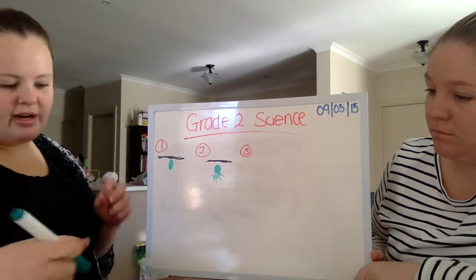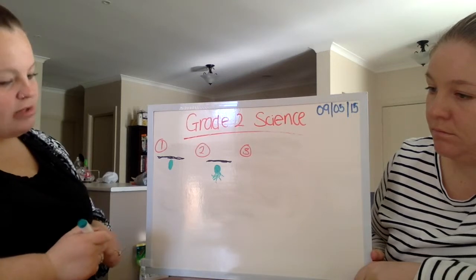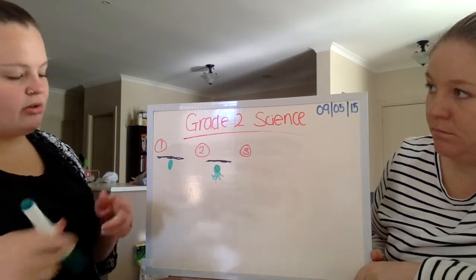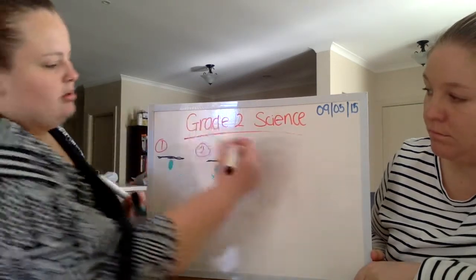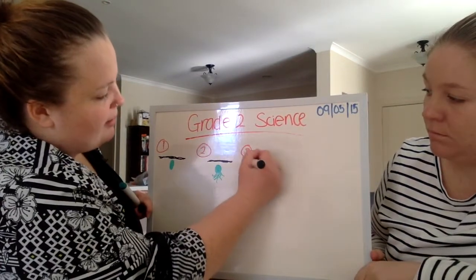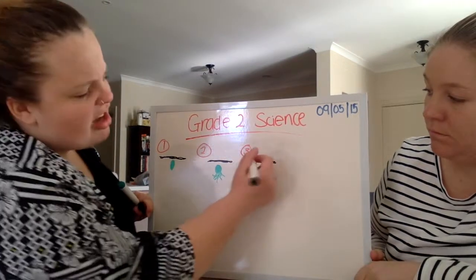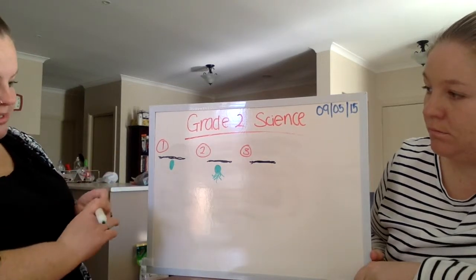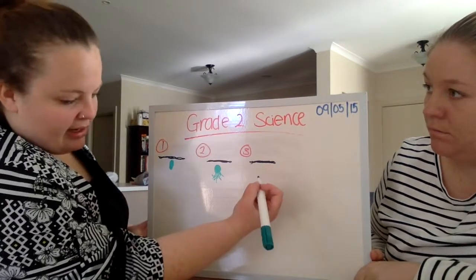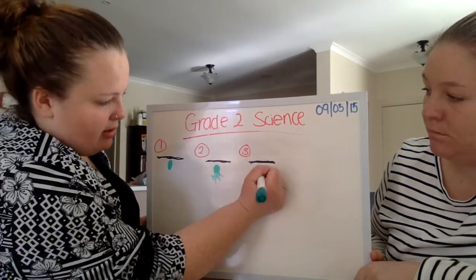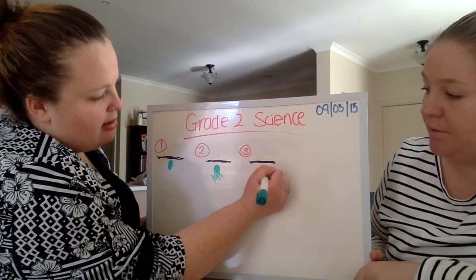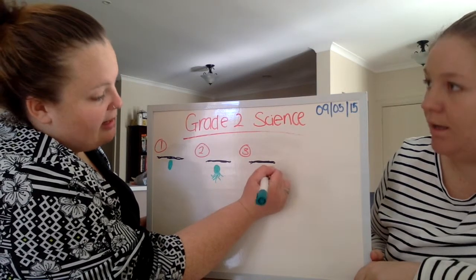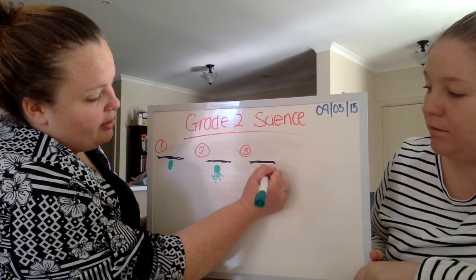So stage number 3 is the actual growing of the plant. So it just starts to grow slightly bigger. Does anyone have any ideas what plants need to grow? I know we said a few things before during our Think, Pair, Share. They need the sun. Great. They need water. Perfect.